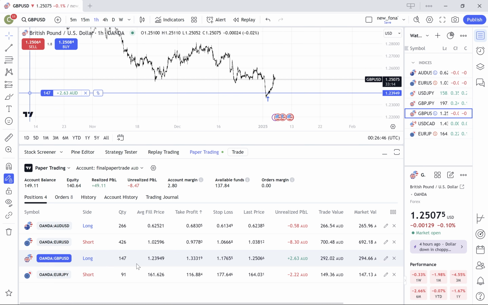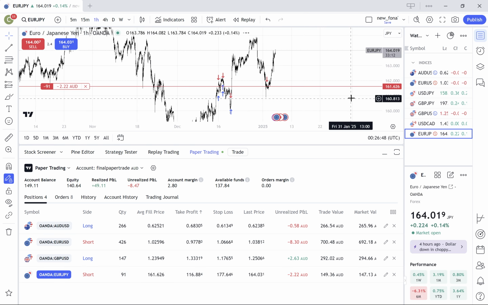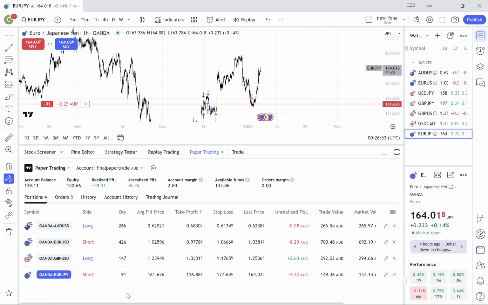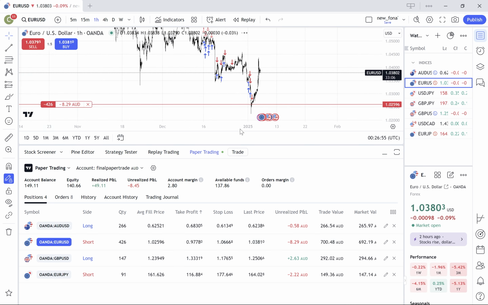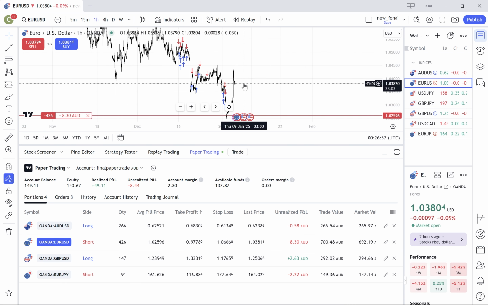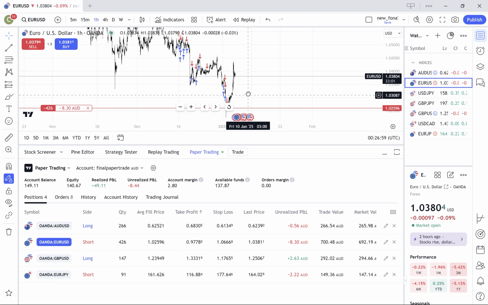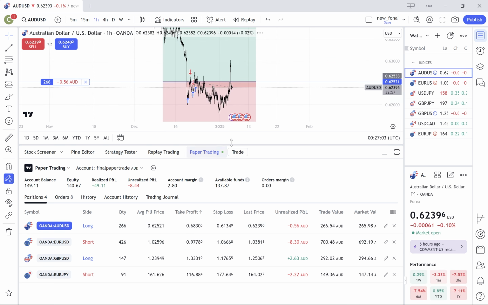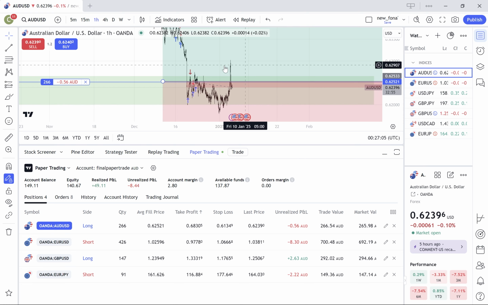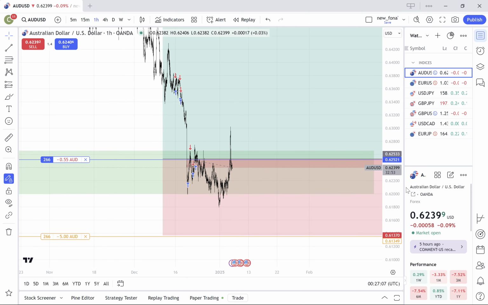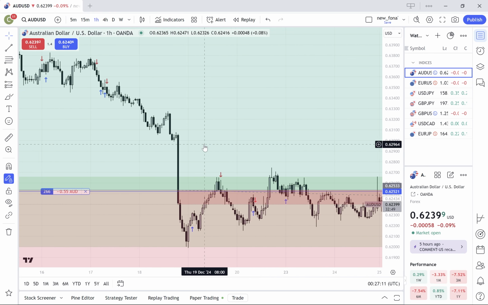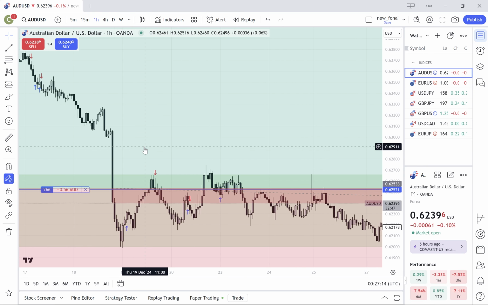EUR JPY, we don't know, it's going up, so maybe it might go down after a while. EUR USD is going up as well, but now it's starting to go down, which is what we want. And AUD USD is fluctuating right in that zone, as it always did. That is about all the trades we have already taken.